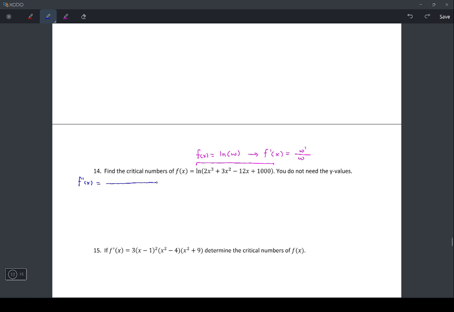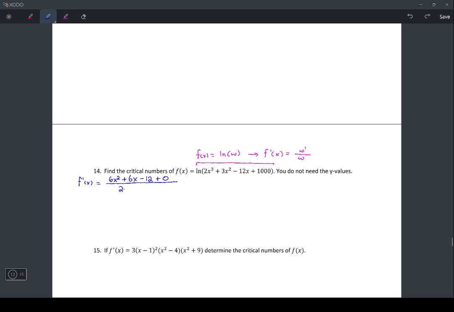So for our particular function, w prime is going to be the derivative of 2x cubed, so 6x squared from the power rule, plus 6x, that's the derivative of 3x squared, minus 12 for the derivative of negative 12x, and then the derivative of 1000 is 0, because 1000 is constant.